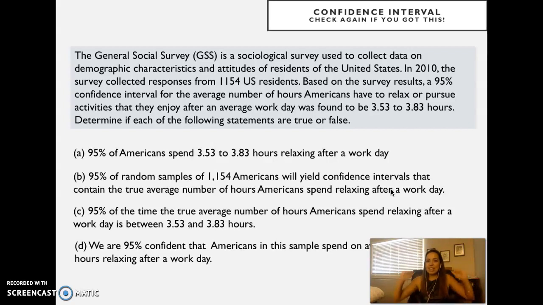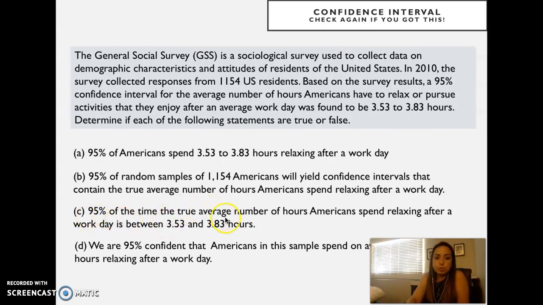If I cast my net 100 times to grab the average time Americans spend relaxing, my net will have boundaries, a width, that will grab the true average 95% of the time. So it's not about 95% of Americans relaxing between these two numbers. It's about the mean being between these numbers 95% of the time.